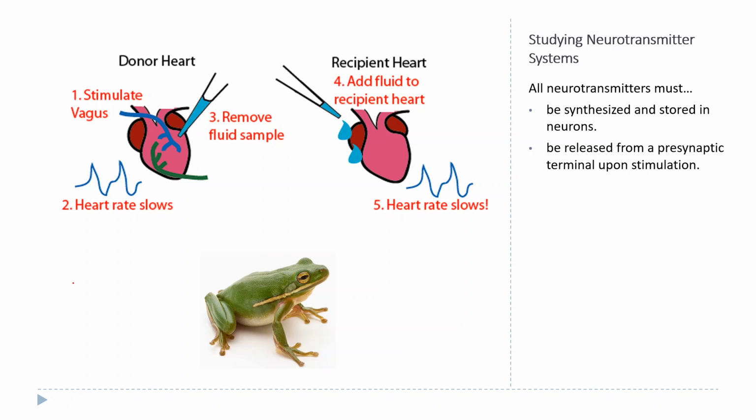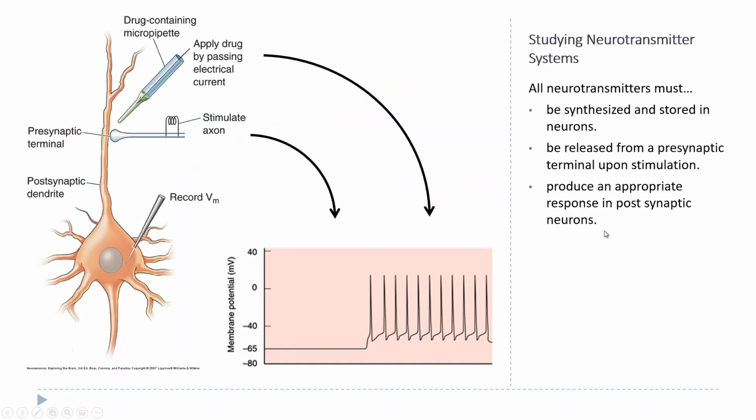So a lot of times this is done with large numbers of neurons or pieces of brain slice kept in a dish, with many samples collected over and over again to gather a large amount. In any case, all you need to do is show that when you electrically stimulate a neuron, your candidate neurotransmitter is being released.